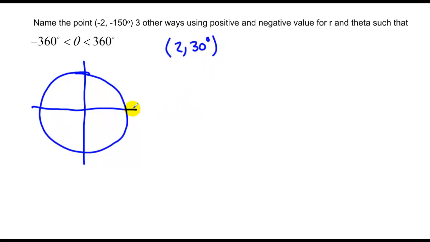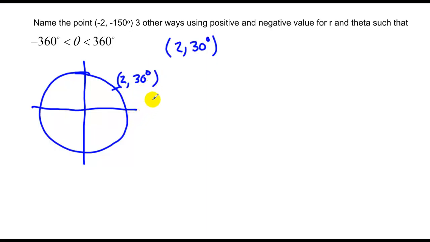And what I've done is I've actually gone ahead and already named this with a different radius and a different angle measure. So where I am is at 2 and 30 degrees right here.